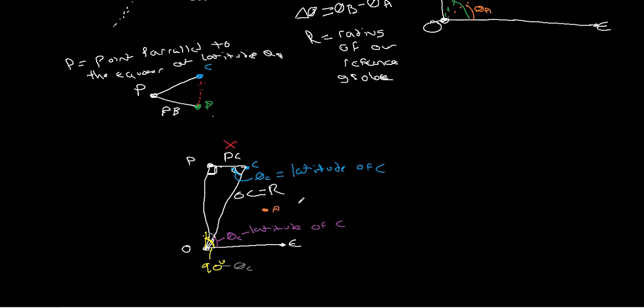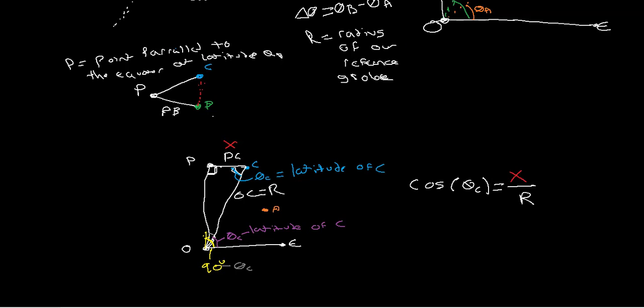Cosine is adjacent over hypotenuse, and X in this case is adjacent. So the cosine of theta sub C is going to be equal to adjacent, which in this case is our X, over our hypotenuse, which in this case is R.